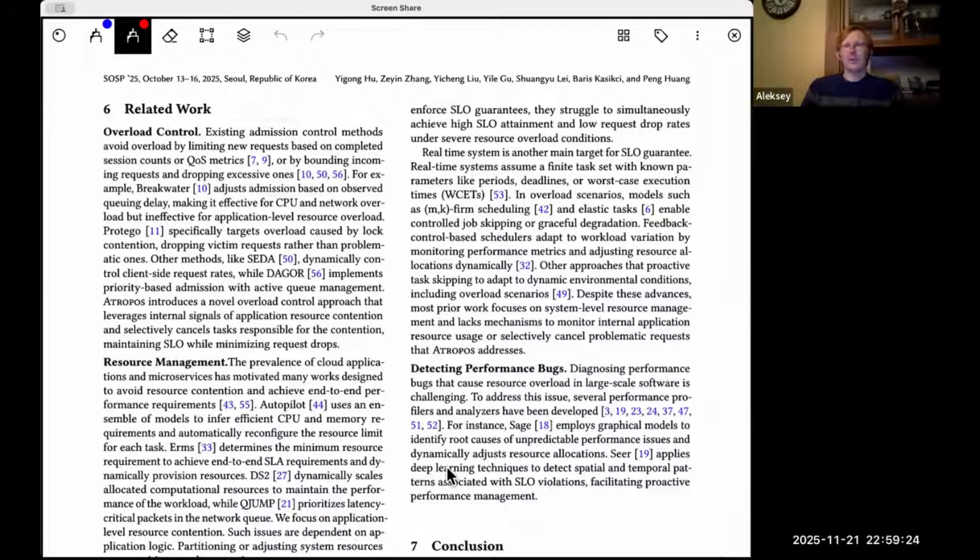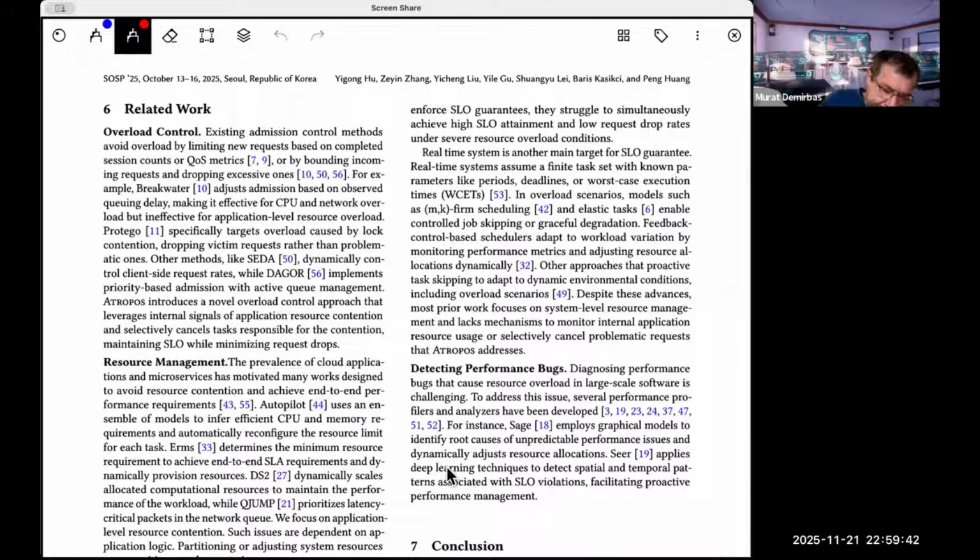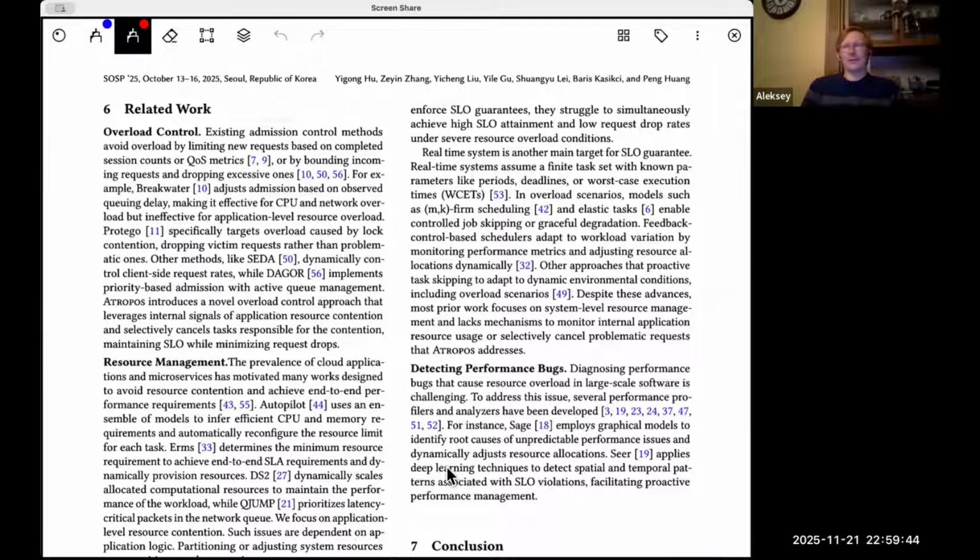I think when we had this discussion, too good to be true, we were thinking about a regular type of overload. You just give it too many tasks, more tasks than you have CPU or more tasks than you have IOPS, right? But I think here it's slightly different.